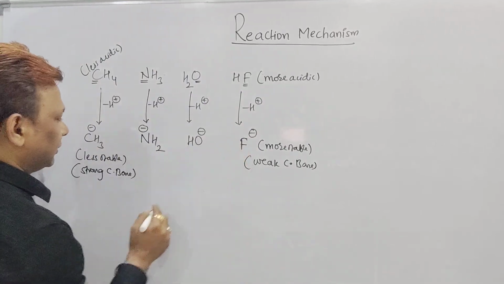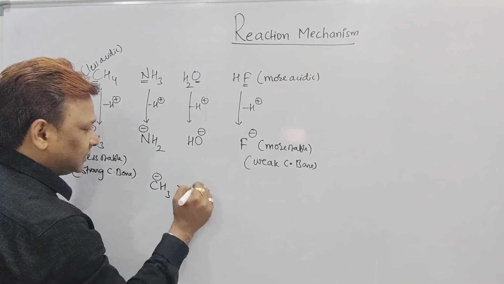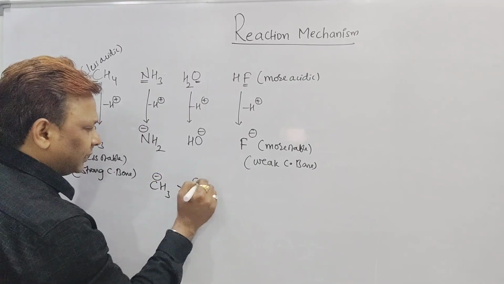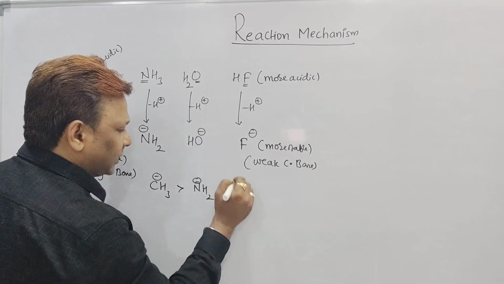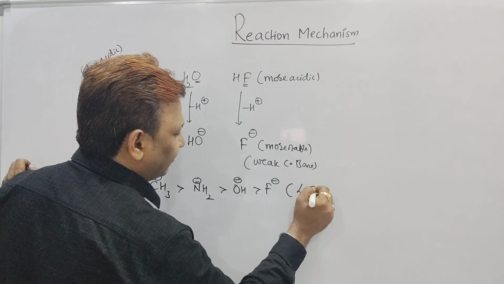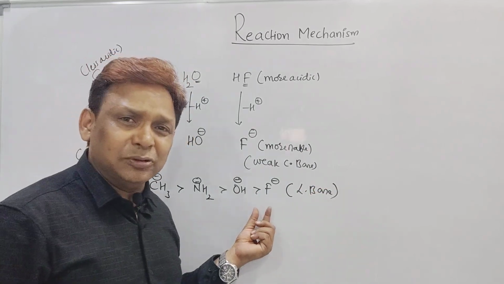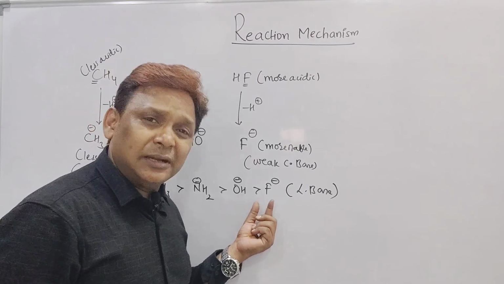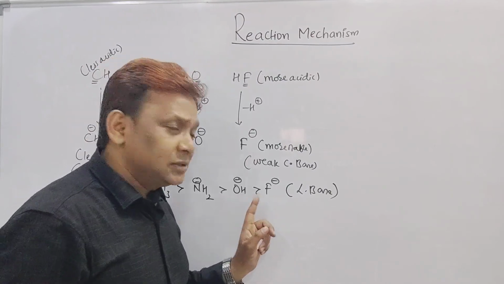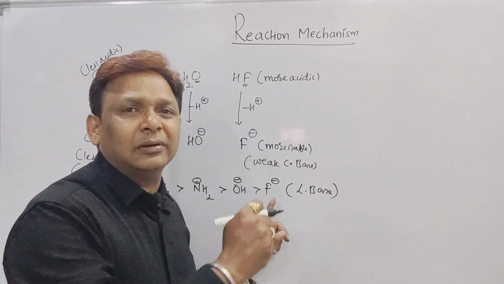Means among these all, beta, this is the order of Lewis base in nature: CH3 minus, NH2 minus, OH negative and F negative. That means fluorine has a negative charge, beta, but it has less tendency to donate a lone pair because it is a more electronegative atom and it can hold the negative charge strongly.